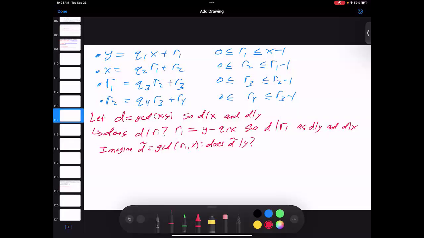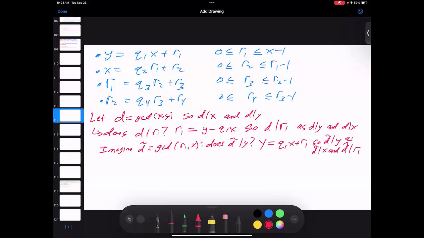How can we write y? What does y equal? Q1x plus R1. We know d tilde divides R1. We know d tilde divides x. So does it divide Q1x plus R1? Yes. So d tilde divides y as d tilde divides x and d tilde divides R1.